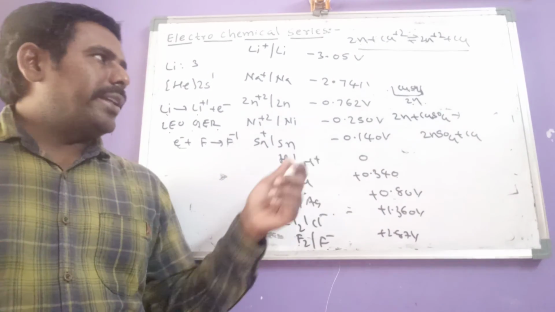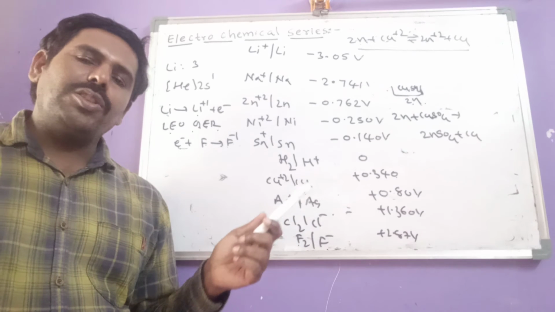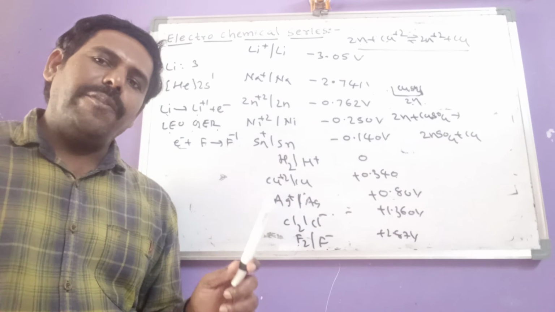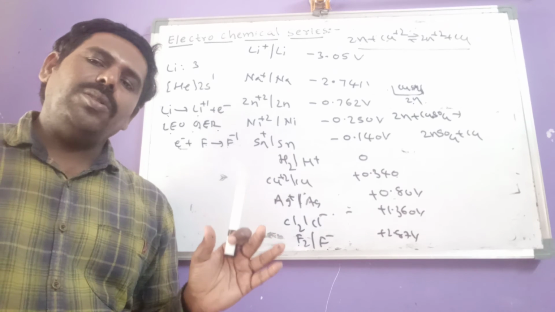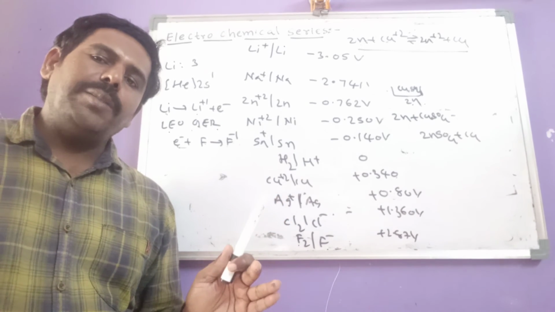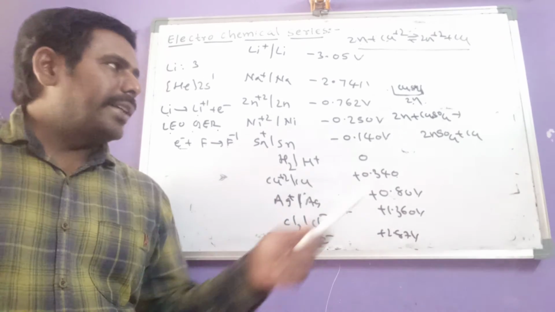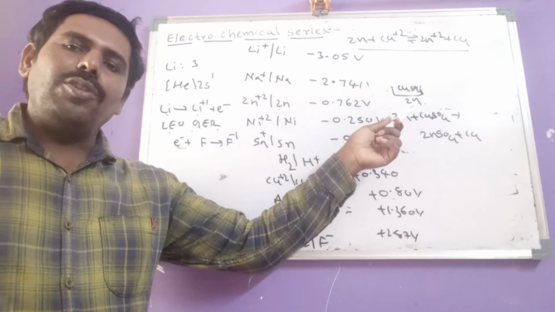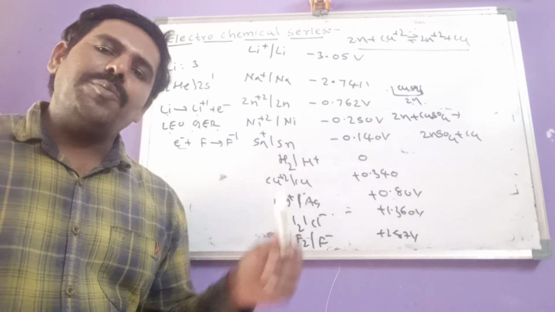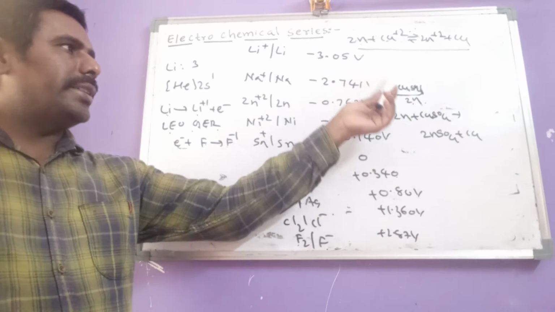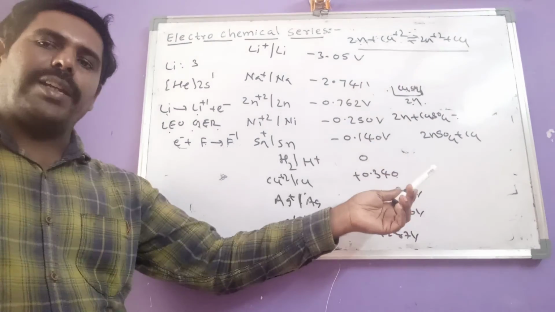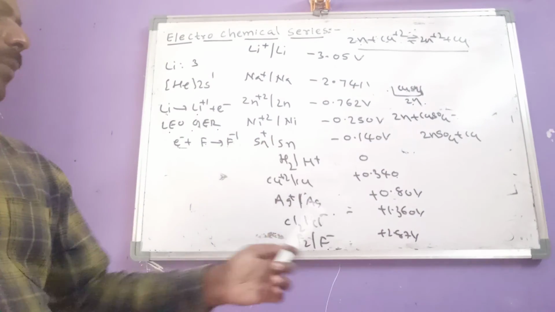So it is not possible to store copper sulfate in a zinc vessel, and also it is not possible to stir that copper sulfate solution with a zinc spoon. So like that they give different questions regarding this electrochemical series.